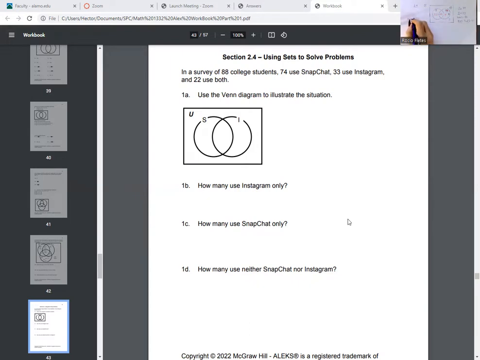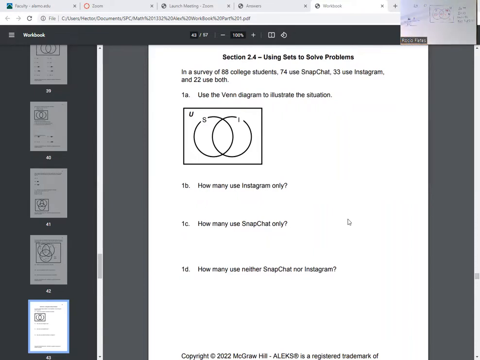So it's going to be 11. That would be 1B, sorry, because 1A is drawing the Venn diagram. So 1B is where the questions begin. So 1B is 11.